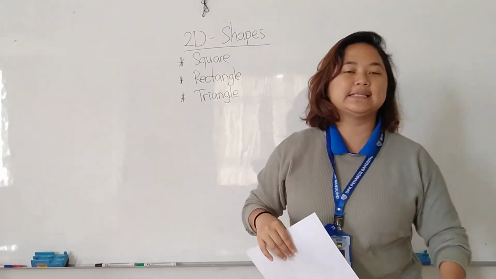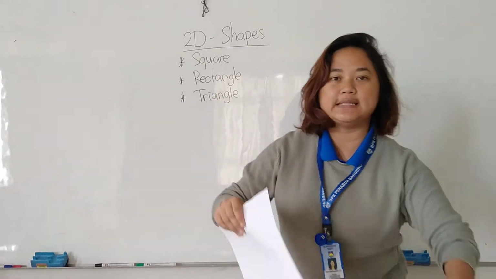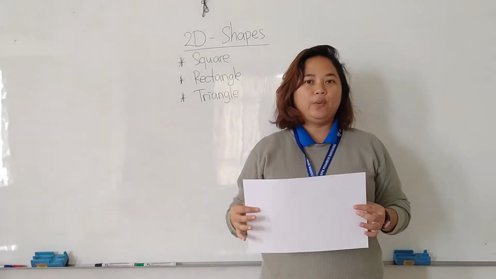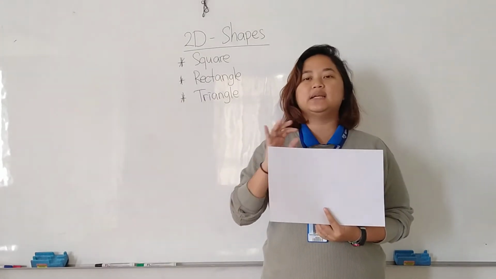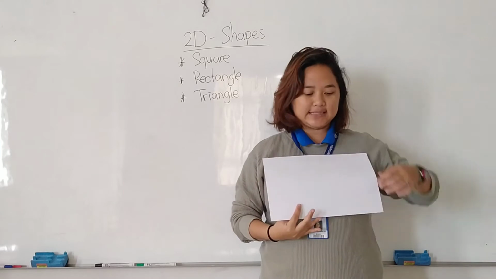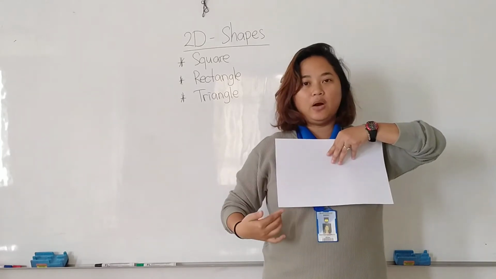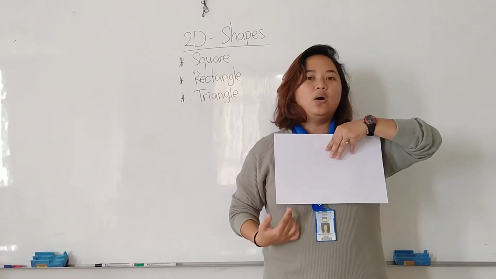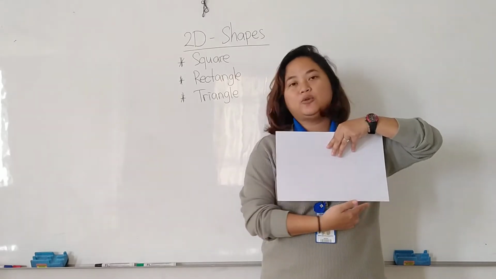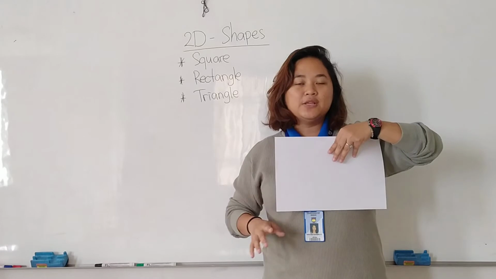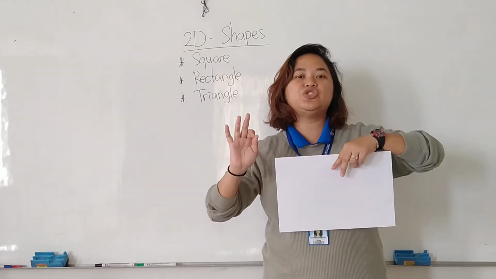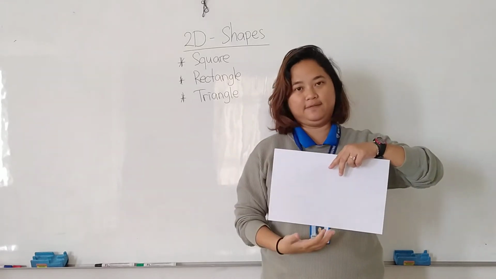I am holding an example of a 2D shape, which is this big paper. We can call this paper a rectangle. Which ones are the two dimensions? I can say this one is the length, because the size of this line is bigger compared to the width. The width is always the shortest part of the shape itself.